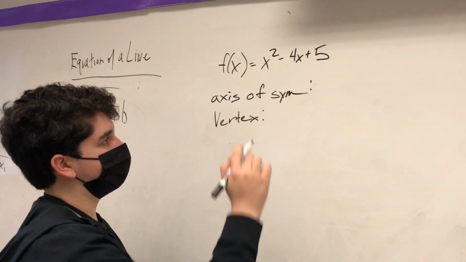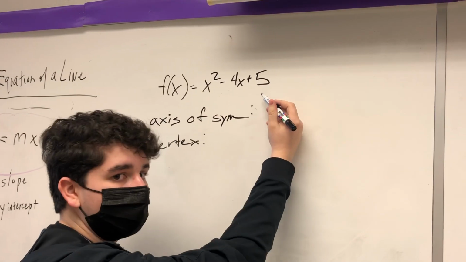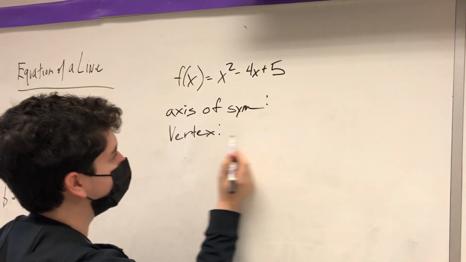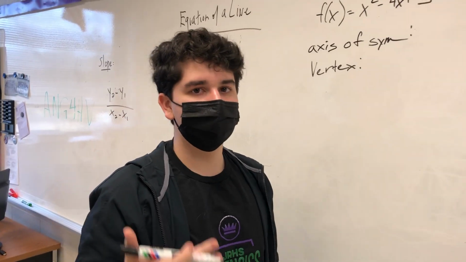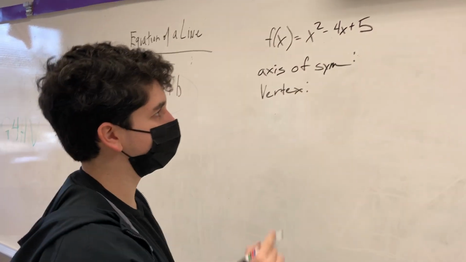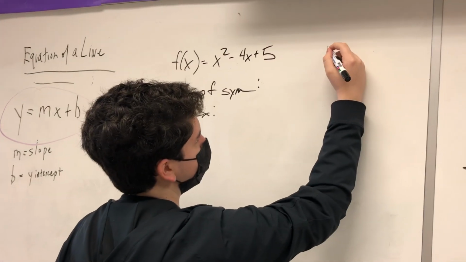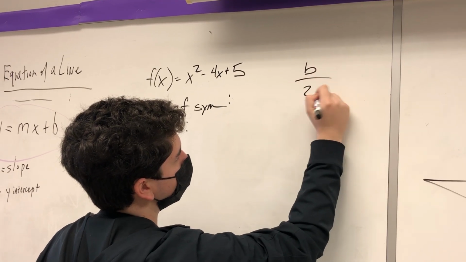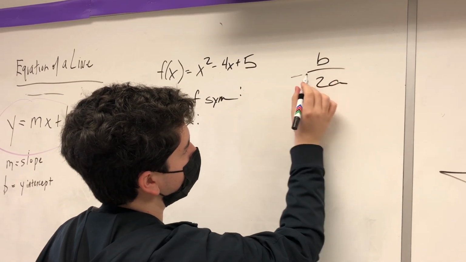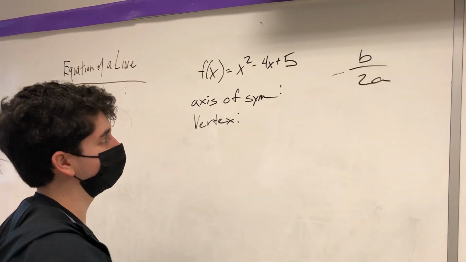So when we're finding the axis of symmetry, what we actually want to do is find the vertex first. How do we find the vertex? Well, the vertex formula is negative b over 2a. That's the vertex formula.